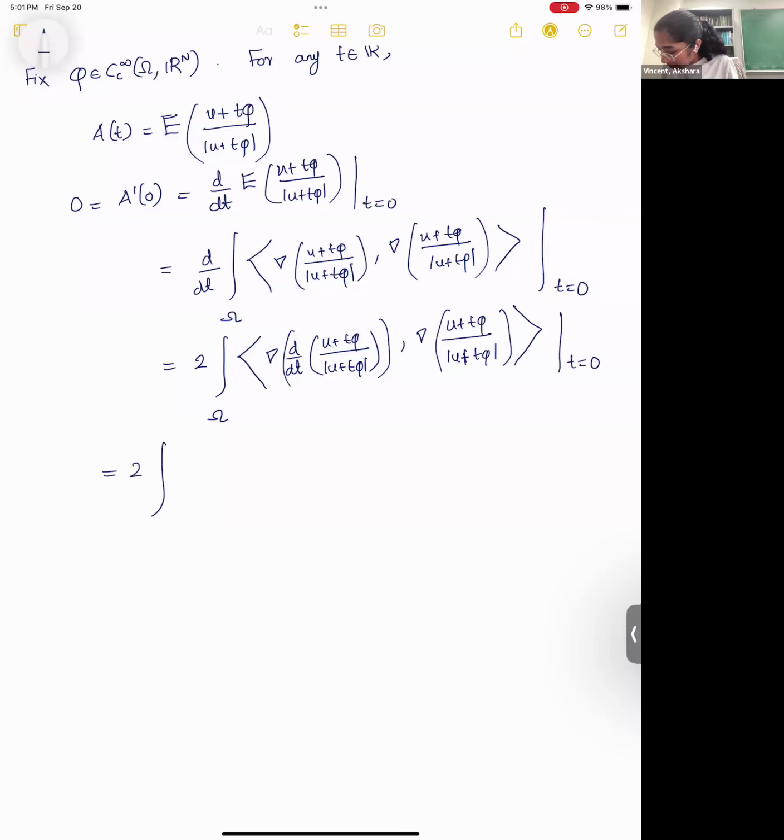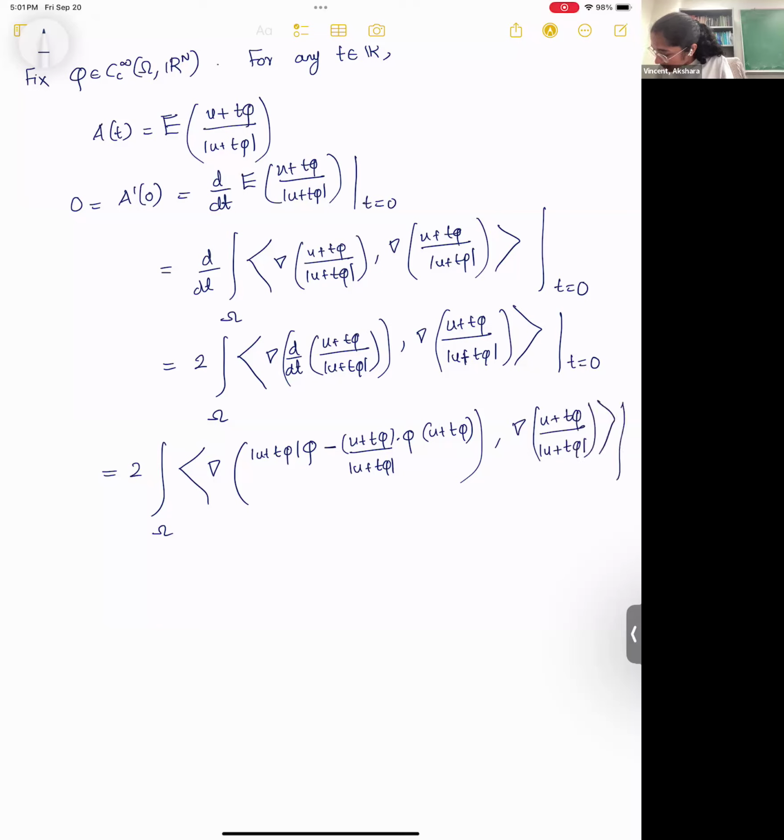Now here we apply the quotient rule, so this is nothing but mod of (u plus t phi) times the derivative of the numerator, which is phi, minus the derivative of the denominator, which is (u plus t phi) divided by mod (u plus t phi) times the dot product, the derivative of the interior, which is u dot phi, times the first function, which is (u plus t phi), times gradient of (u plus t phi) divided by mod (u plus t phi) evaluated at t equal to 0.